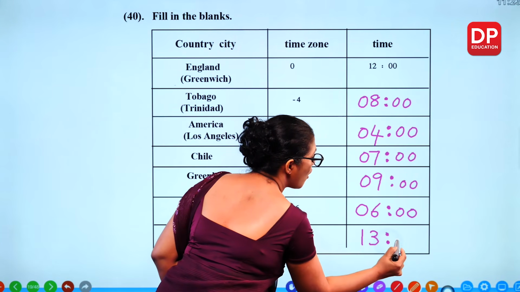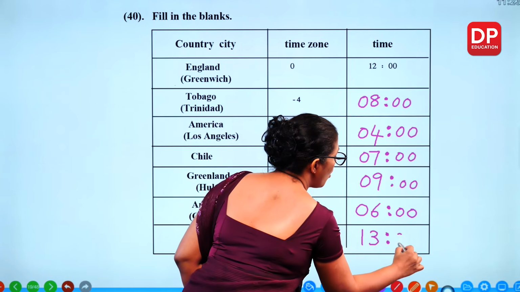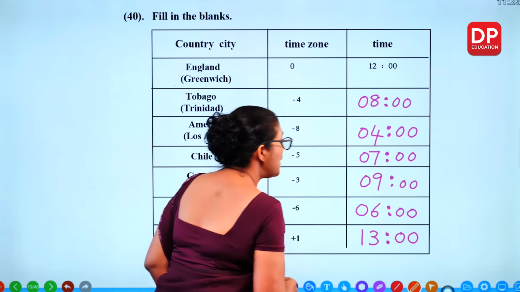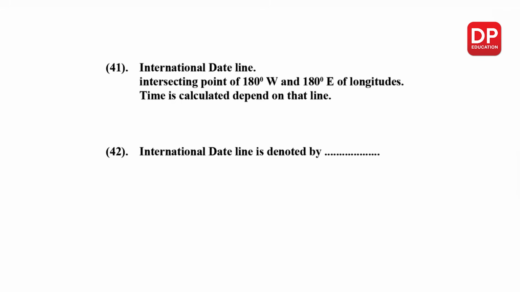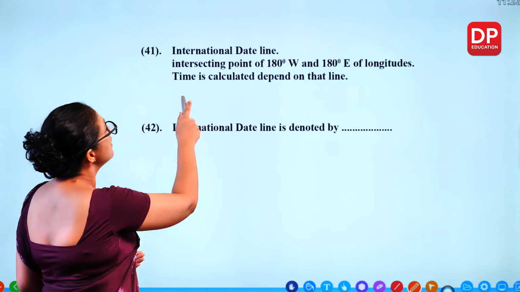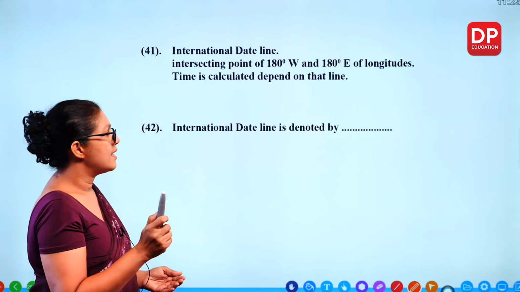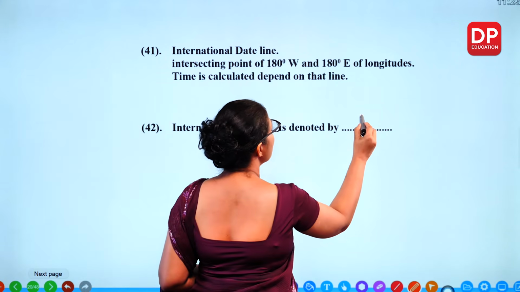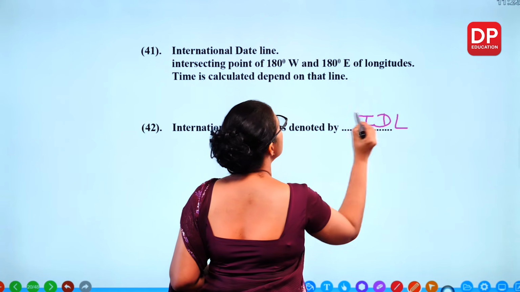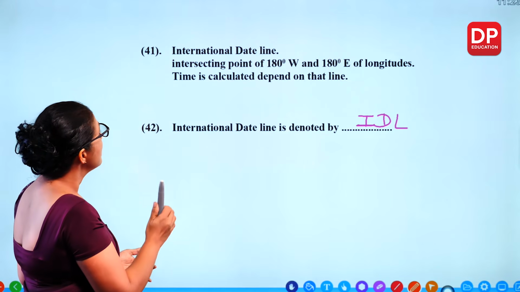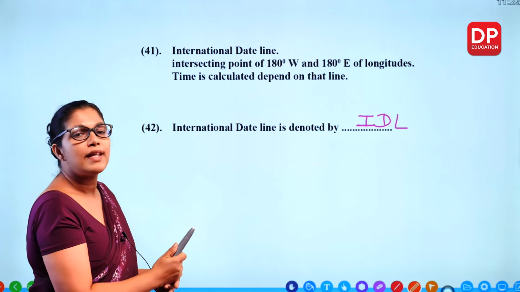So that's 1 o'clock in the afternoon, 1 p.m. International dateline, the intersecting of 180 to the west and 180 to the east of longitudes, we call the international dateline. We discussed that before. And time is calculated depending on that line.